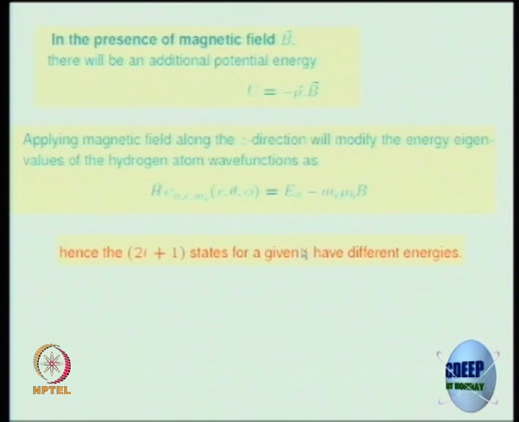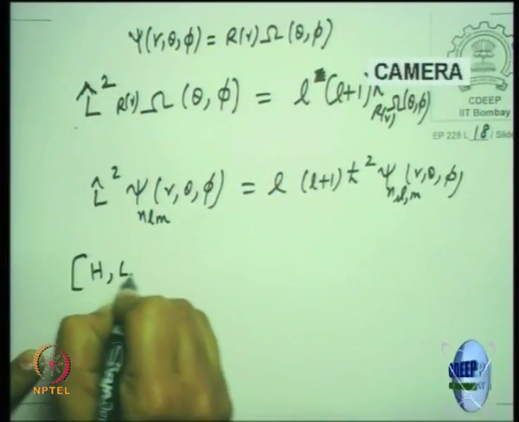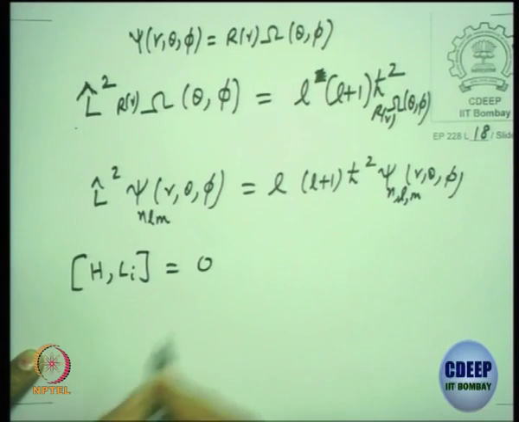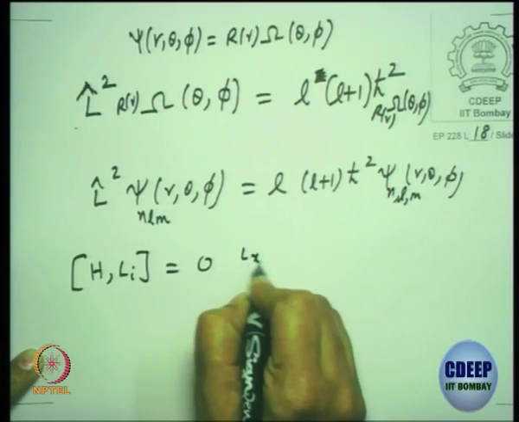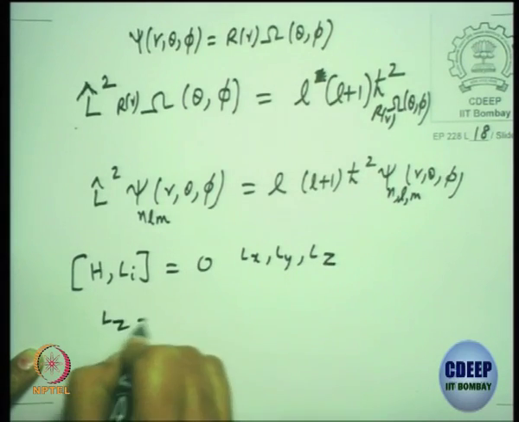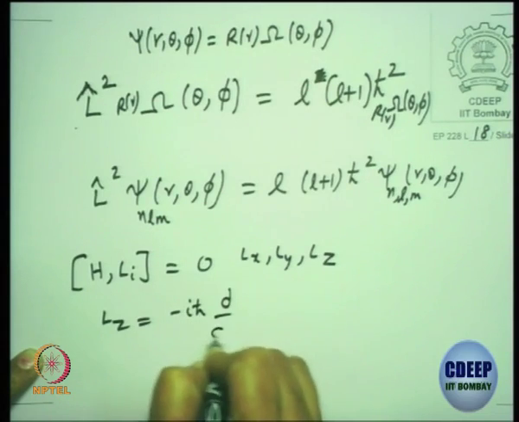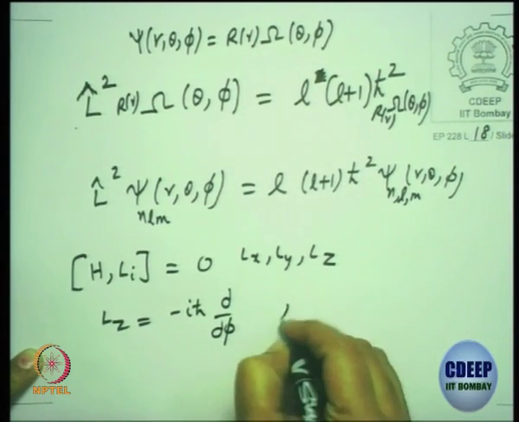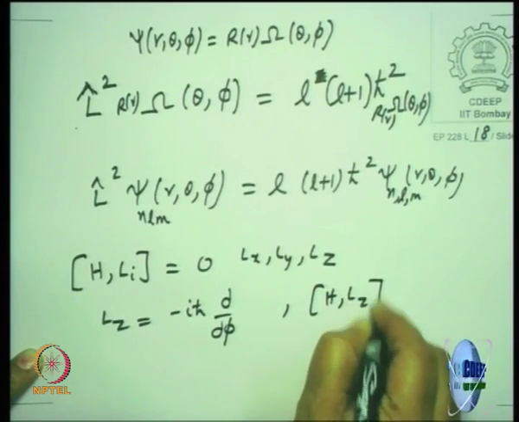Initially there was a degeneracy, but now the 2L plus 1 states for a given L have different energies. So, I said that the Hamiltonian commutes with Li, where Li could be Lx, Ly, Lz, but for convenience the Lz operator was minus i h cross del by del phi, and we found that the commutator of H and Lz is 0.